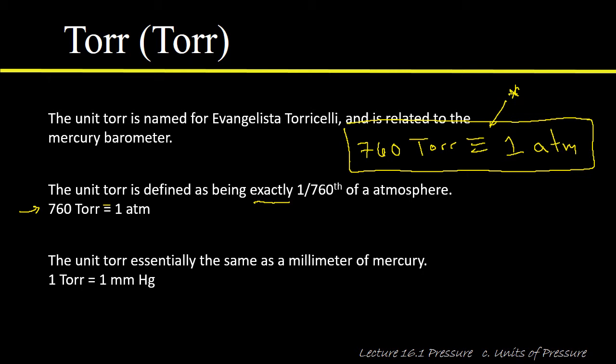The difference between them turns out to be something like 1/10,000th of a percent. So they're close enough that we can consider, for our practical purposes, that this is a perfect relationship. Anytime you're converting from torr to millimeters of mercury, you can simply say 1 torr is equal to 1 millimeter of mercury, and that's so precise that we can consider it to be perfectly precise.